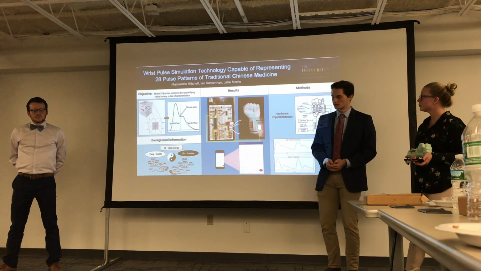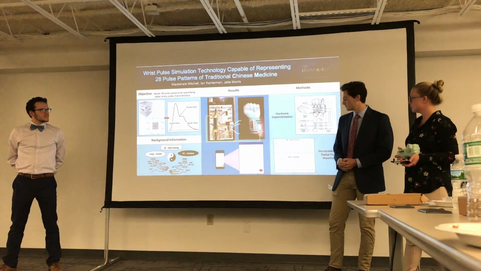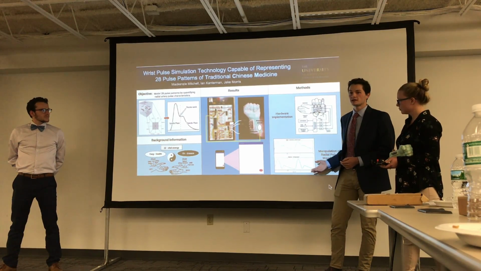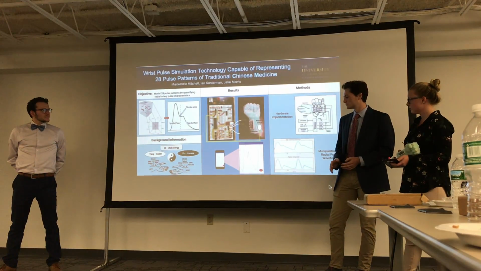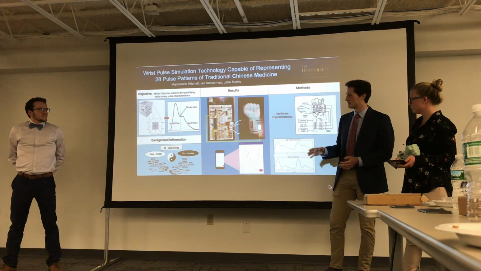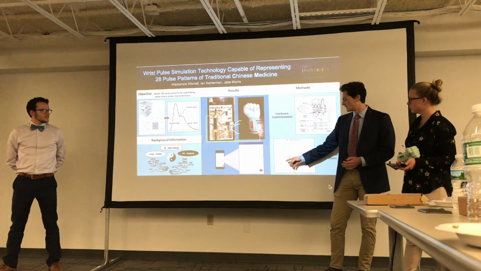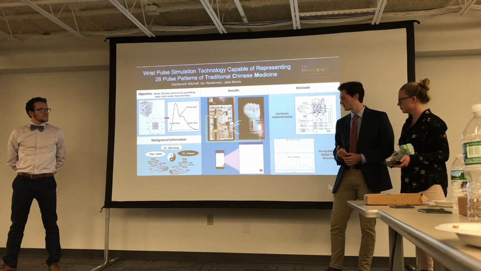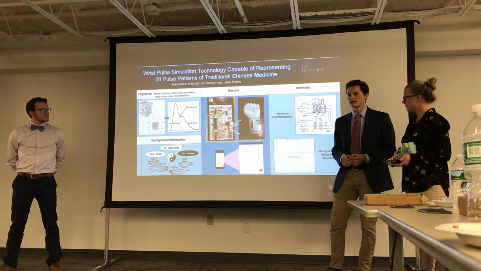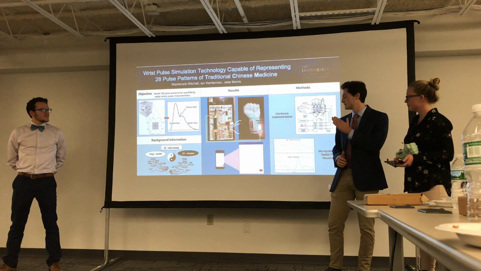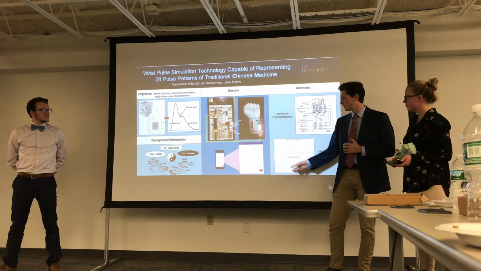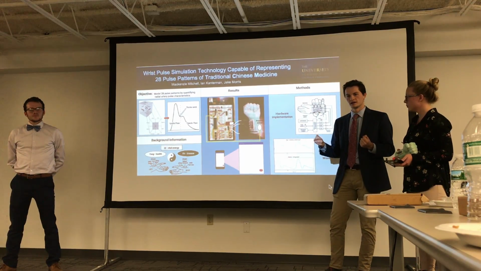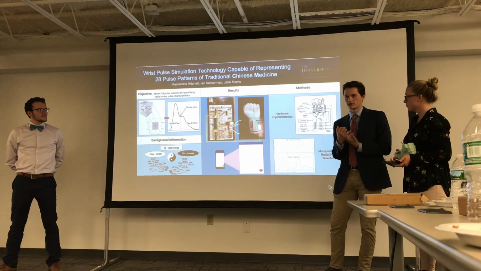For example, we have here a prototype of what a smooth pulse may look like, and essentially it's a pulse that has no rough edges, and the dicrotic notch has been dropped down to create that smooth flowing feel of pearls beneath the fingers. The stiff pulse is going to have a very sharp peak on the systolic phase and almost virtually no dicrotic notch, so it's like there's a hard rope beneath your fingers.